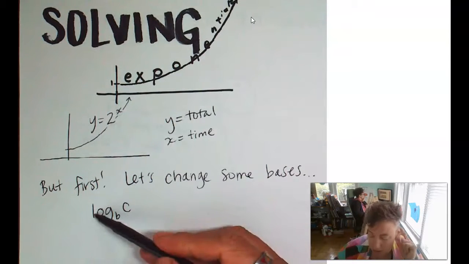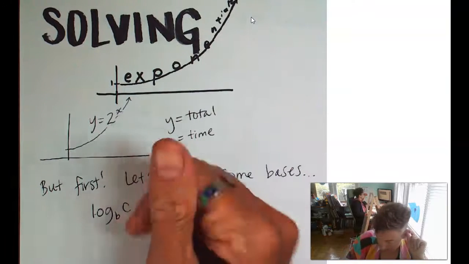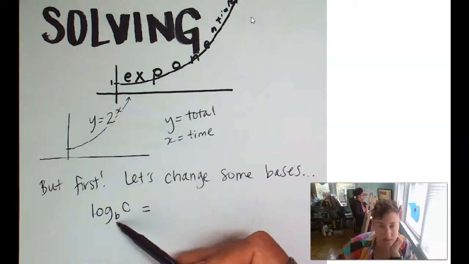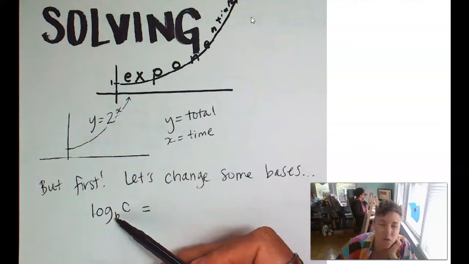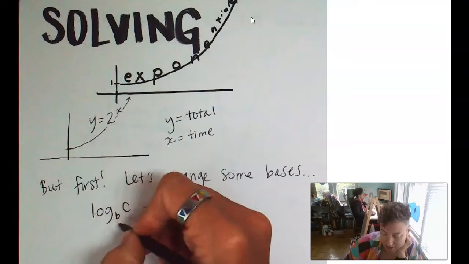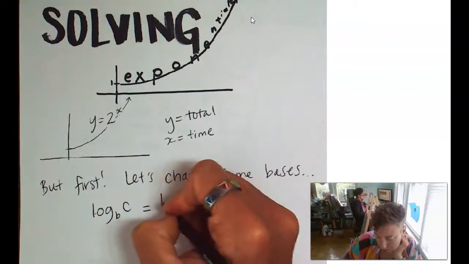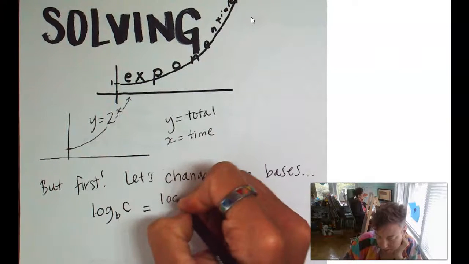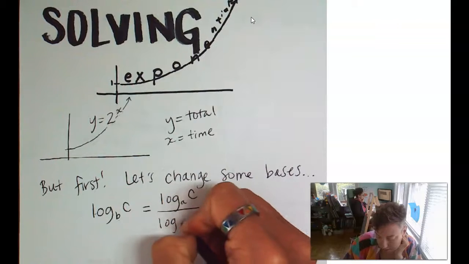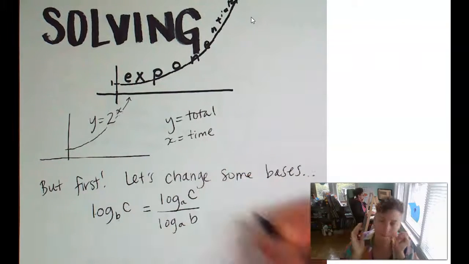If you have log base b of c, you can change this base to any number that you want by rewriting it as log base a of c divided by log base a of b.